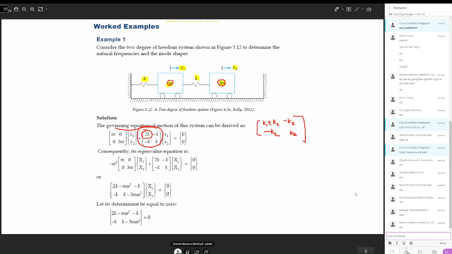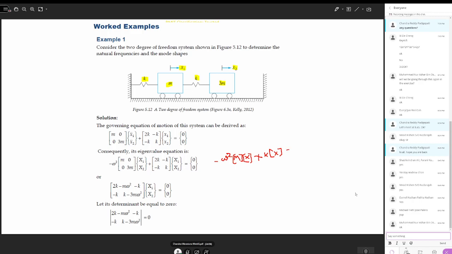Now to get a unique solution for this, we apply the equation negative omega square mx plus kx is 0. So the mass matrix and displacement matrix, then the stiffness matrix and displacement matrix.